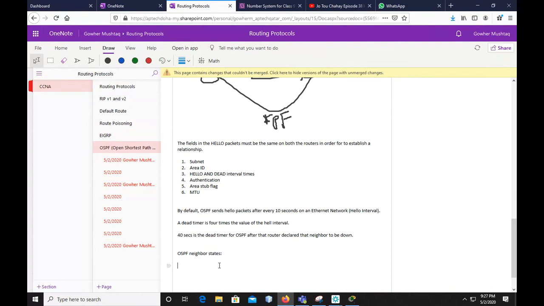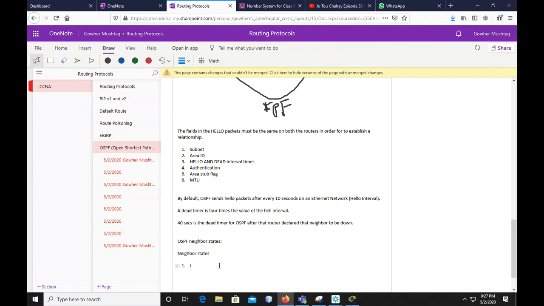When you send the hello packet, how does that hello packet work, what's the process of that? So there are different statuses. You can say neighbor states.